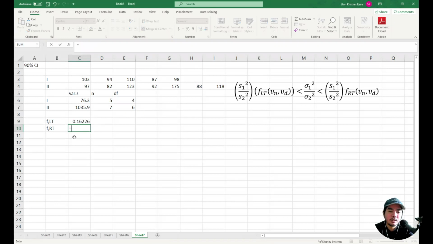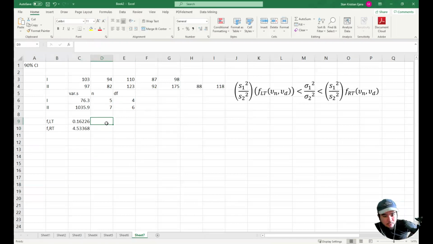Next, F right tail is just equal to F.INV.RT. Probability is 0.1/2 again. Degrees of freedom 1, this one. Degrees of freedom 2. Now, there is one interesting property in the F distribution class.